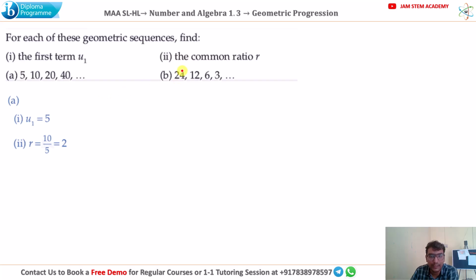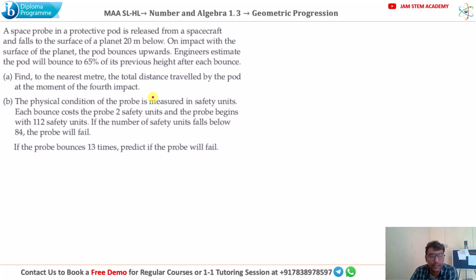Now for the second sequence, the first term is 24. What is the number by which if I multiply 24, I will get 12? You can find 12 by 24, which is one half. In this way, if the sequence is given to you and it is in GP, you can find the common ratio.